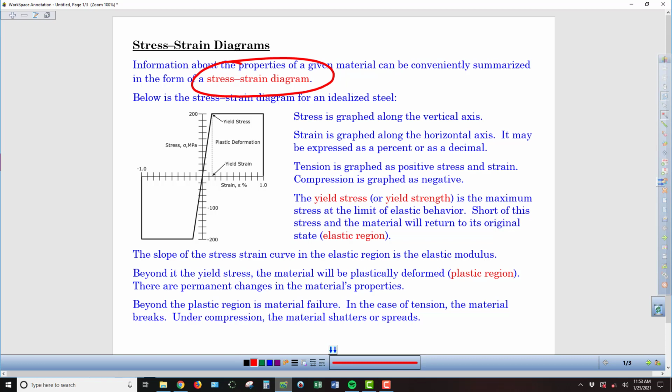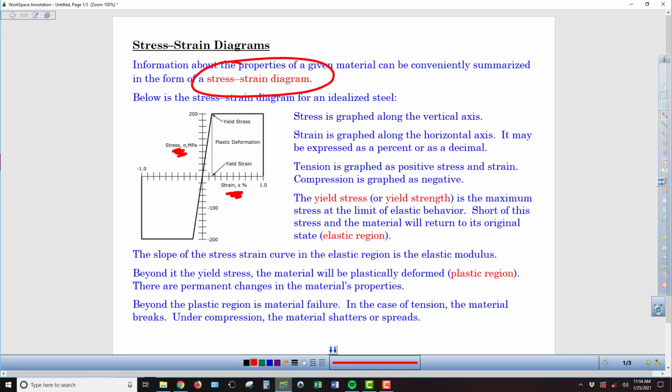But for starters here, we've got stress graphed along the y-axis, the vertical axis, and then the strain, which sometimes will be expressed as a percent, sometimes as a decimal, will be along the x-axis. When the material is in tension, stress is graphed as a positive value and strain is graphed as a positive value, whereas if we're under compression, stress and strain are negative.